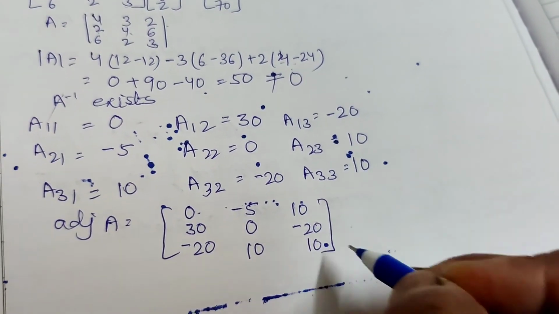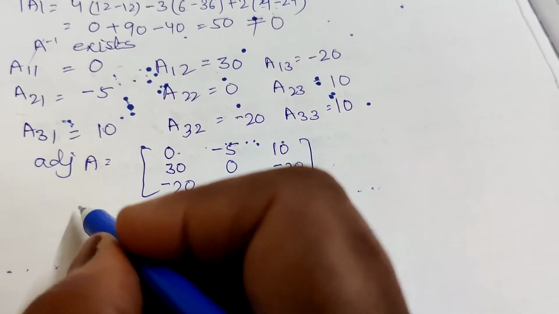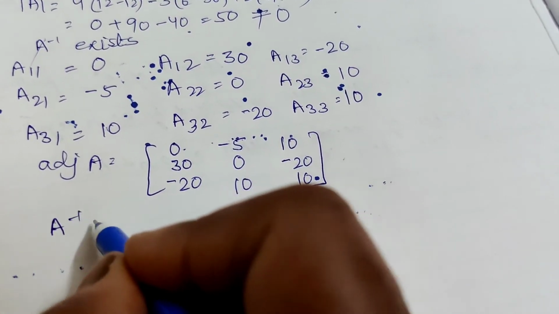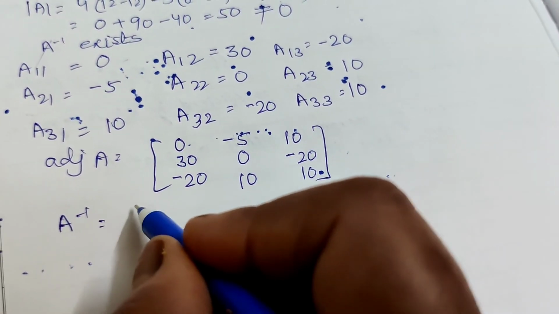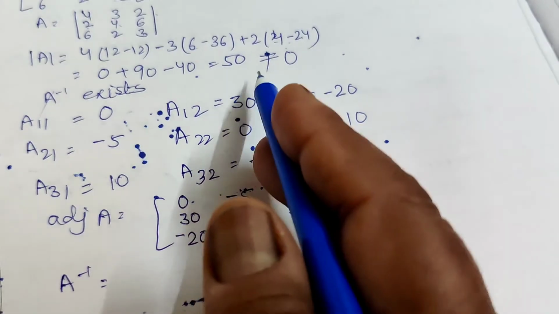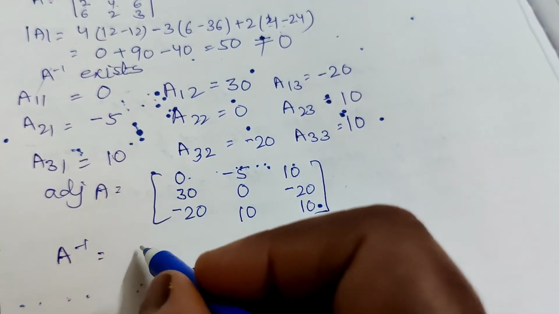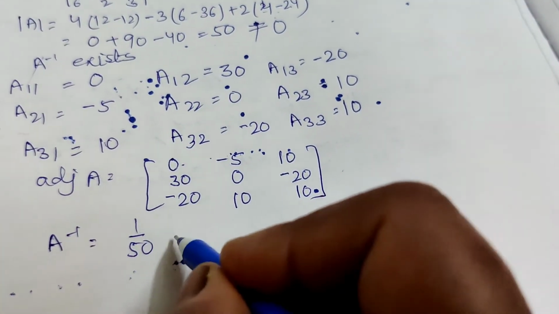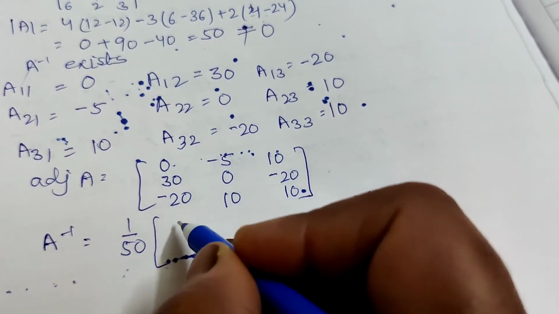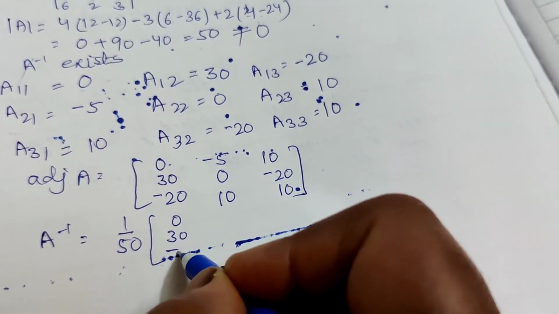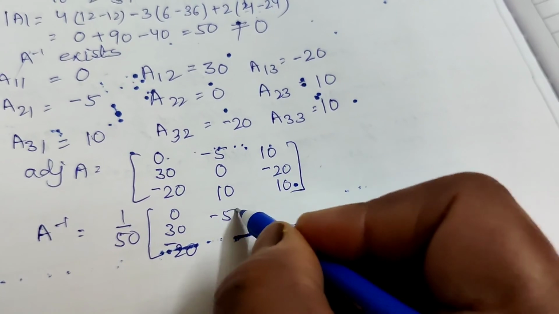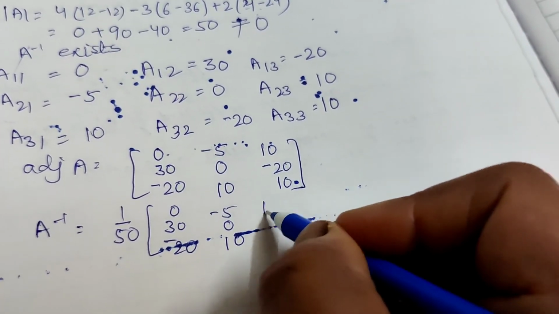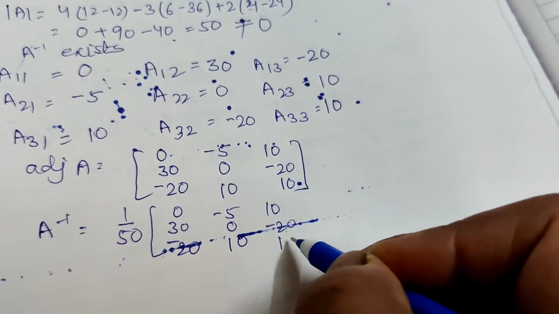This is the adjoint of A. And A inverse is adjoint divided by determinant, 1 by 50, each term: 0, 30, minus 20, minus 5, 0, 10, 10, minus 20 and 10.